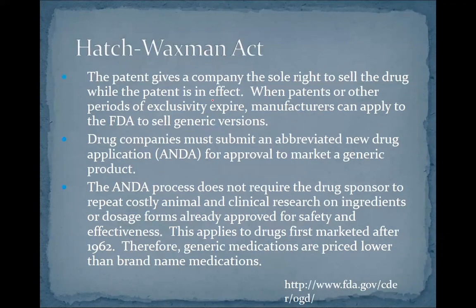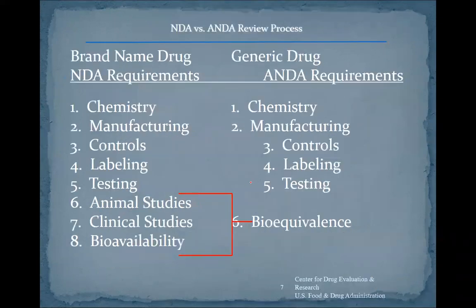This act gives the company the sole right to sell the drug while the patent is in effect. Once the patent is over, companies can go for an Abbreviated New Drug Application for approval to market the product. How is this different from a new drug application?